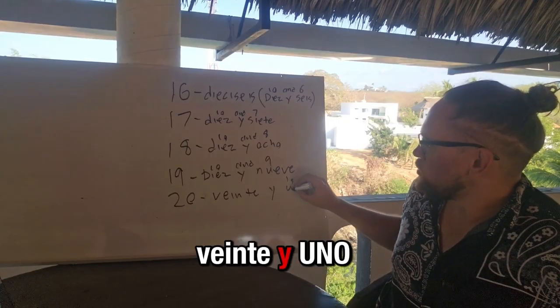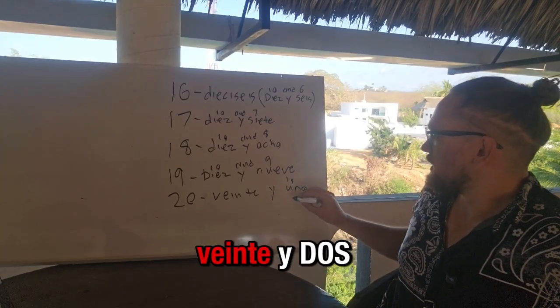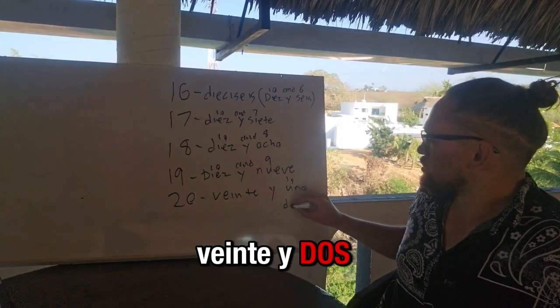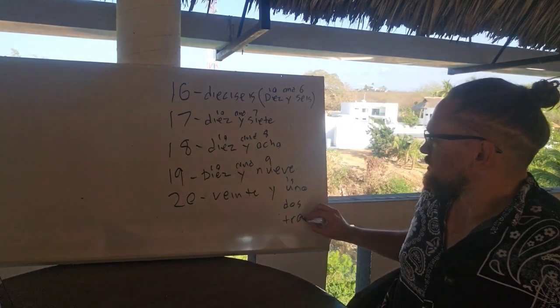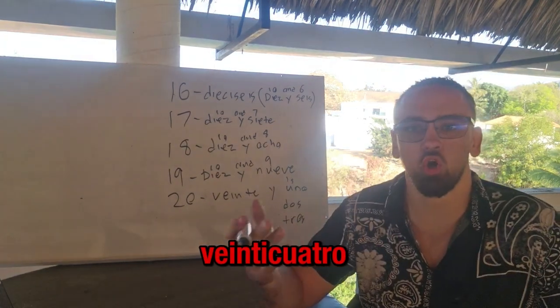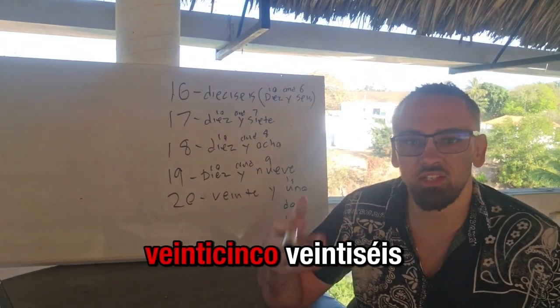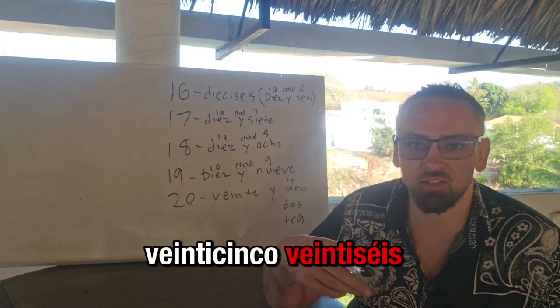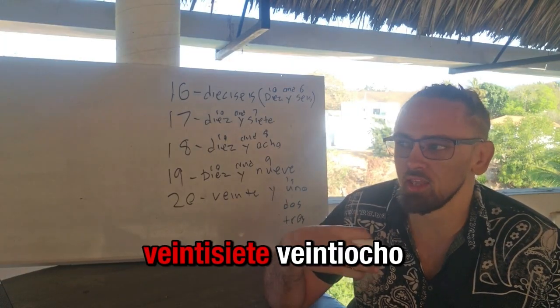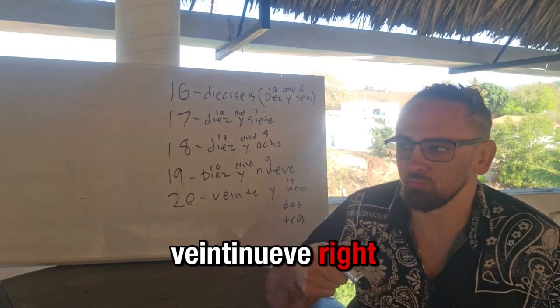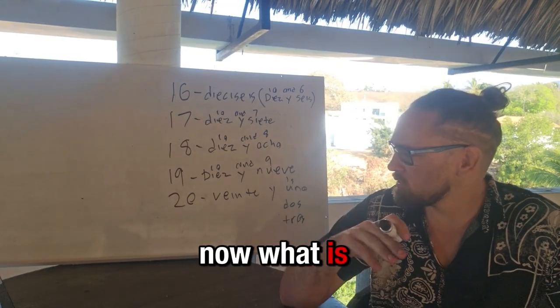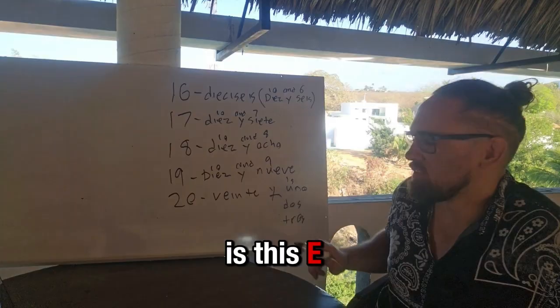21, 22, 23, 24, 25, 26, 27, 28, 29, right? Now, what is often going to happen is this E is going to disappear.